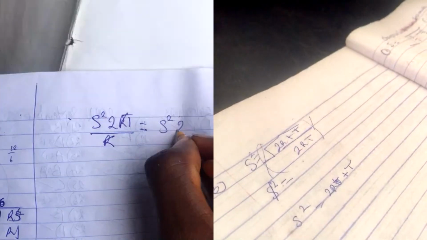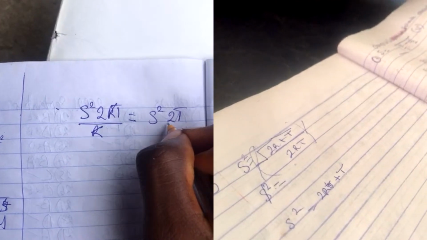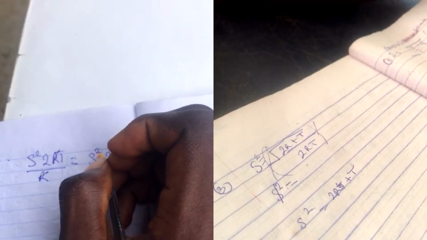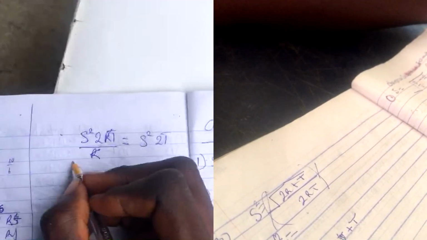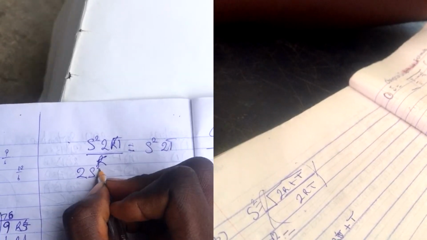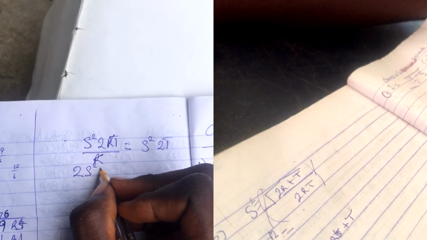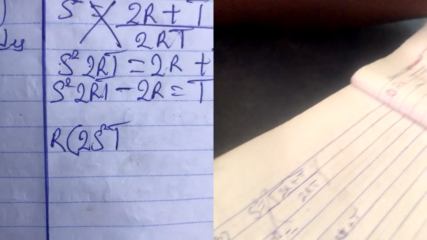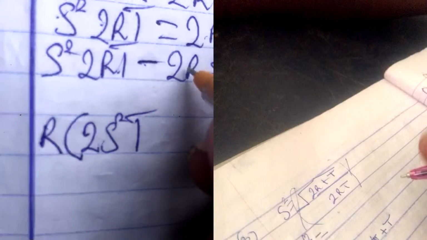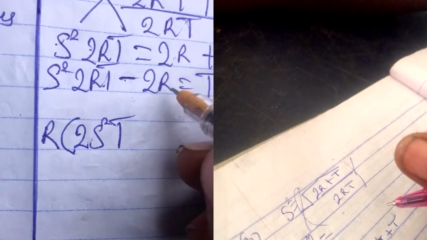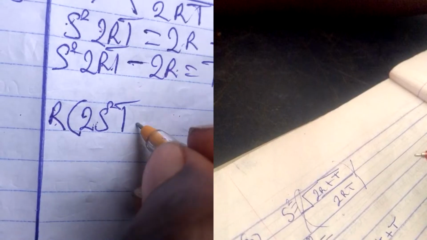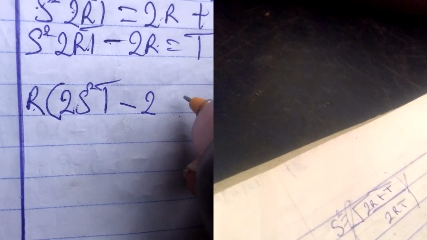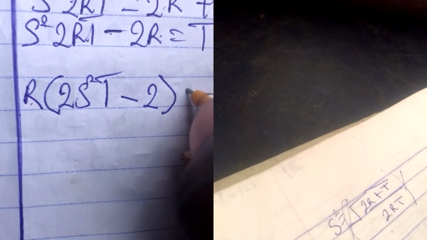It's not possible for me to write it this way mathematically, so you can just rewrite it as 2s squared t. The number always comes before the alphabet. Plus 2. That's how we got our answer here. So the same thing here: 2r divided by r, you have minus 2. Then you close the bracket, equal to t.